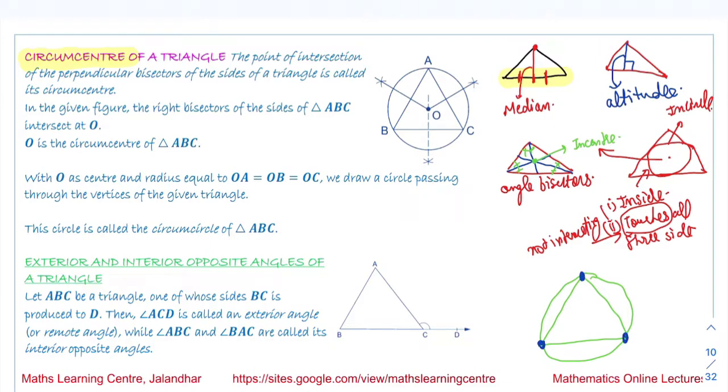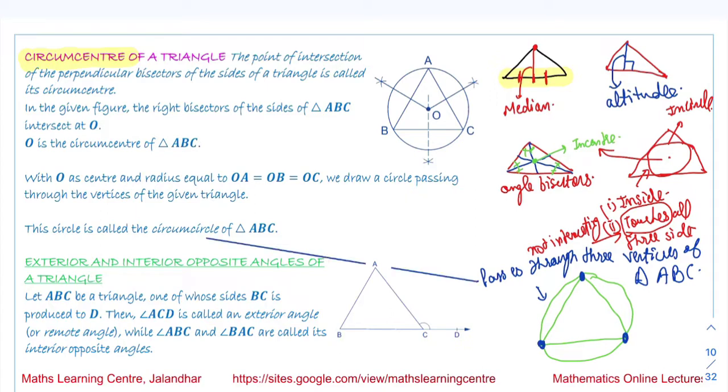We want to draw a circle which passes through the three vertices of triangle ABC. Then that circle is called the circumcircle. And the center of this circle is called the circumcenter.